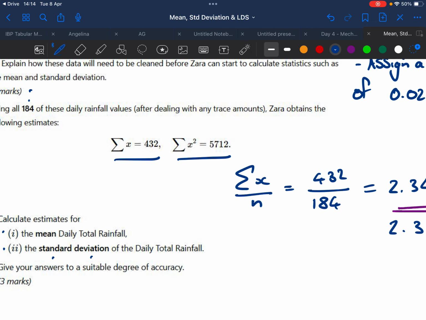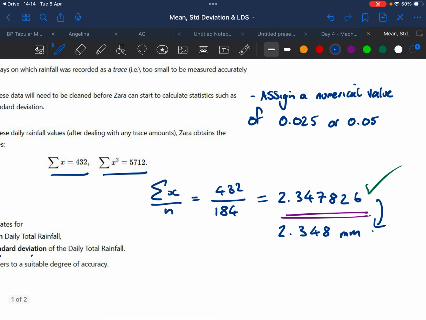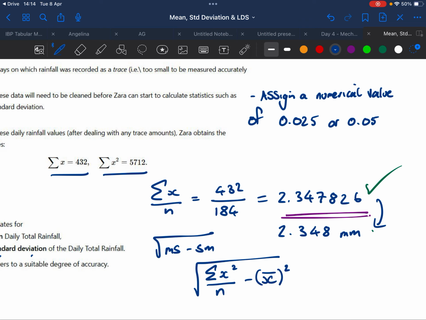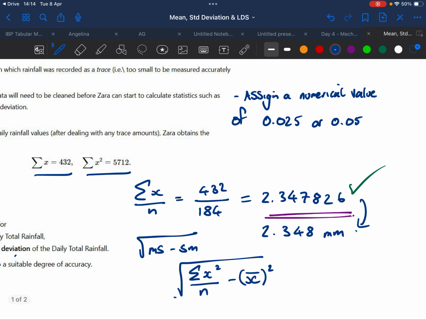For the standard deviation, it is the mean of the squares minus the square of the mean. The mean of the squares would be this value over here divided by n, minus the square of the mean. I've made sure I've square rooted it visibly.